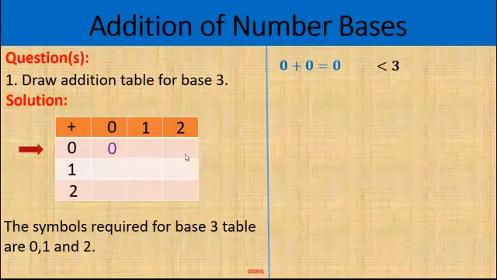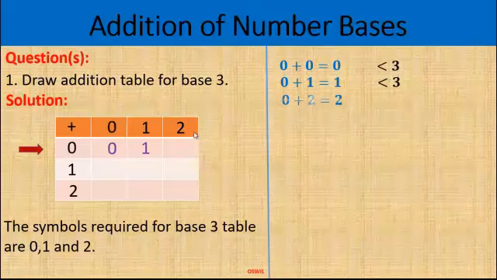And that is what you see on your screen. Now we pick 0 and add it to 1. And 0 plus 1 would give us 1, which is also less than the base 3 we are talking of. So we write 1 as our answer. We move on to pick 0 and 2.